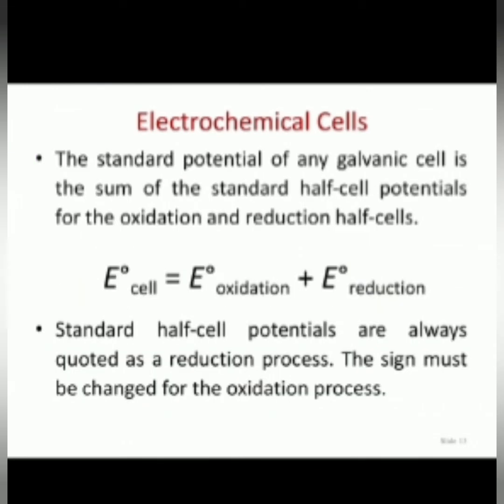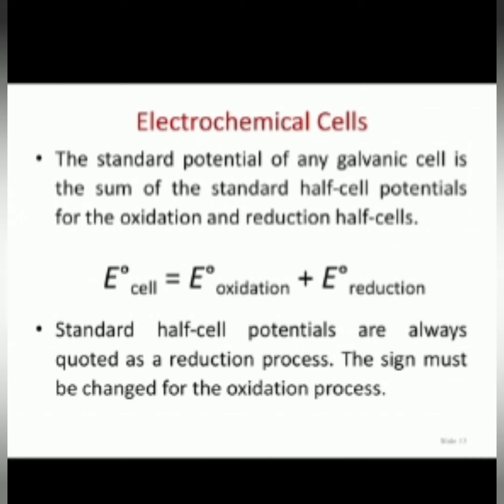Now we come to the topic of electrochemical cells. The standard potential of any galvanic cell is the sum of the standard half cell potentials for the oxidation and reduction half cells. It means that E naught cell is equal to E oxidation plus E reduction in its standard form.